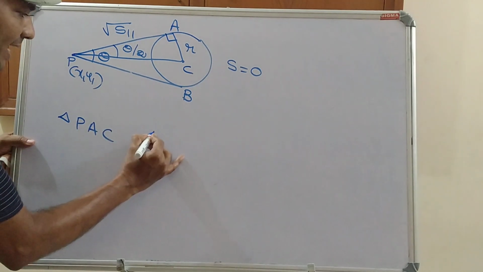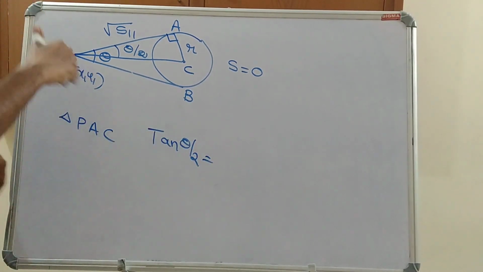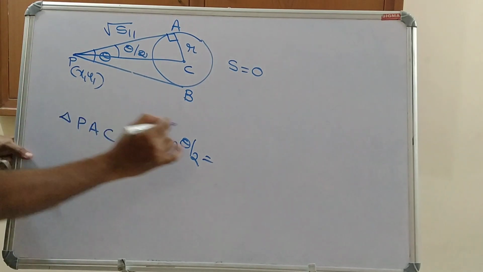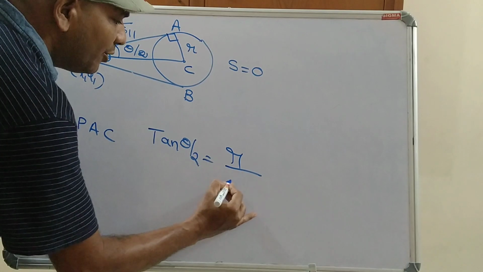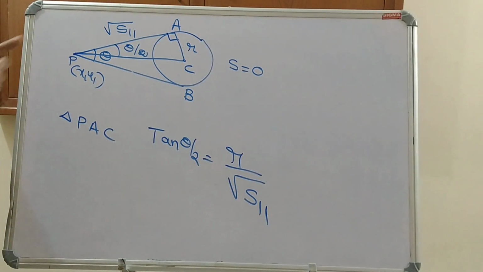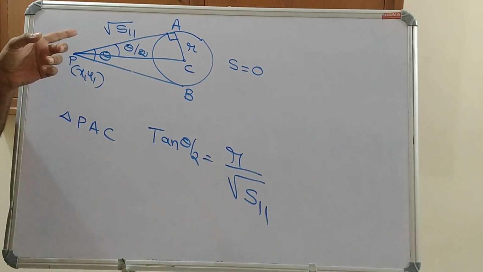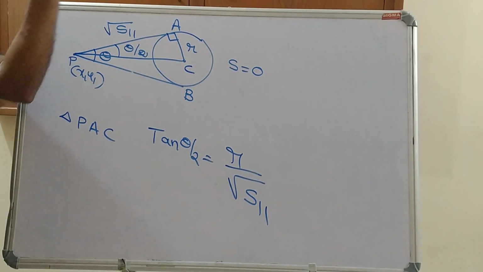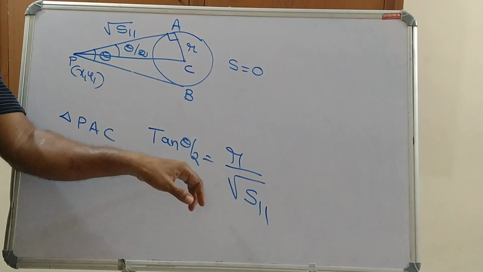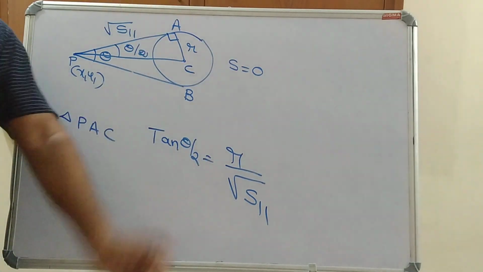That means tan theta by 2 equals opposite side by adjacent side, that is r by root S11. So if theta is the angle between the tangents drawn from x1, y1 to a circle S = 0, then tan theta by 2 equals r by root S11.